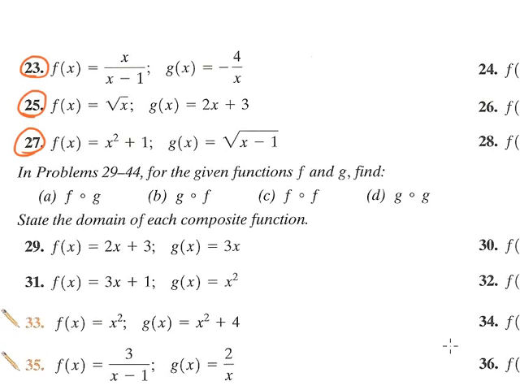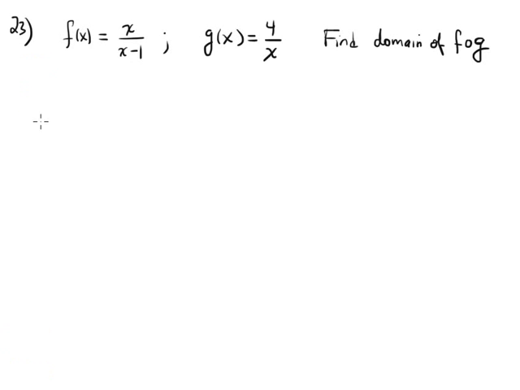Okay, let's continue in this video 23, 25 and 27 in the same section. Okay, let's continue 23. Domain of the first function G is all real numbers except 0. You see here, right?